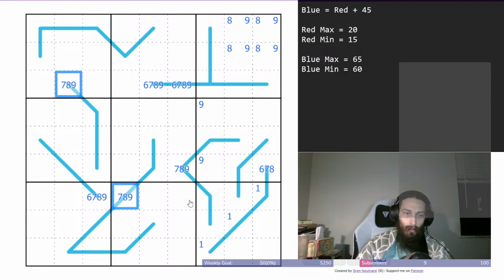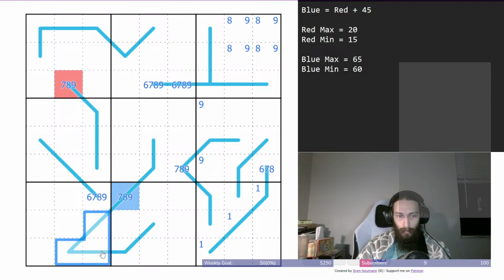And we know that these are different. Excuse me. This one's red, this one's blue. We know that these are different because we know that this has to be in one of those, and it has to be over here, and that this sees all three of those. So they're not 8, 8. That's not a possibility.